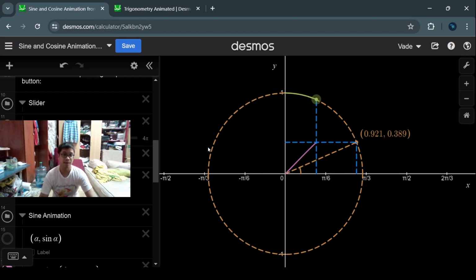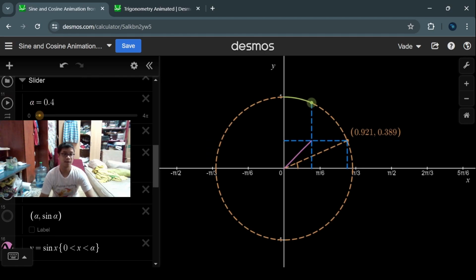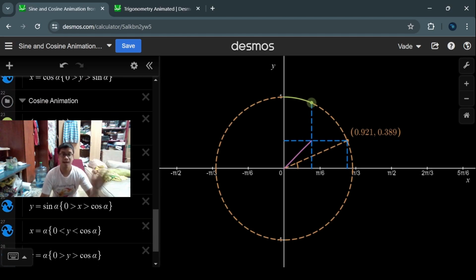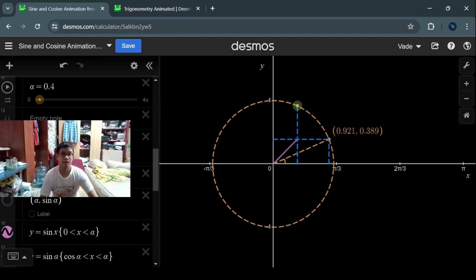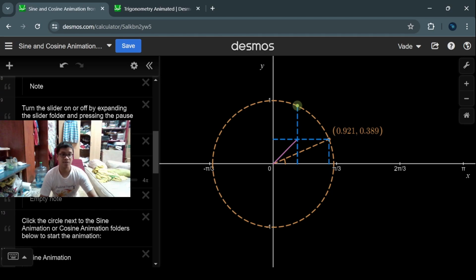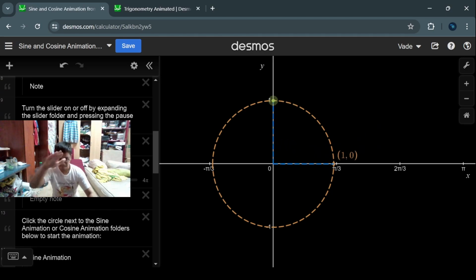That's the sine graph. So let's focus on the sine and the radius of the circle. Let me just erase this one. Here's the thing. We start first at the x-axis itself, where your y value is 0.